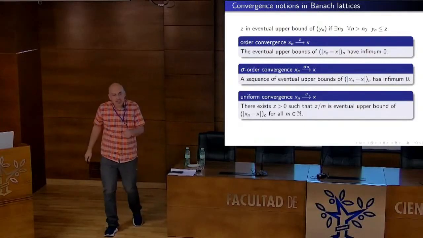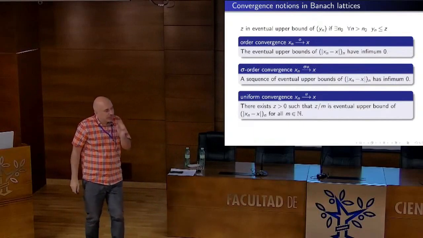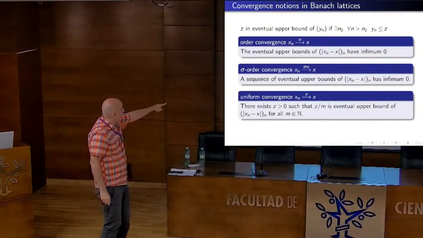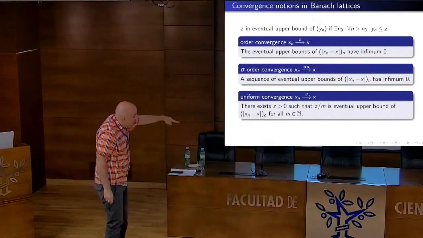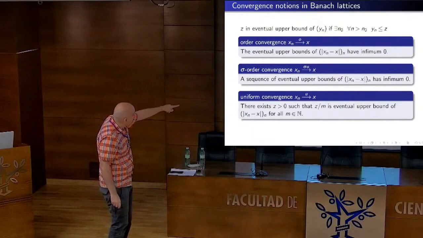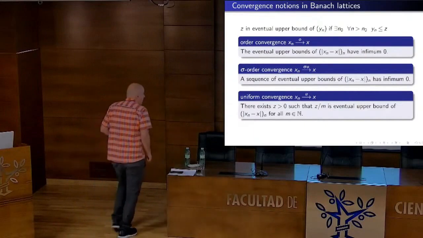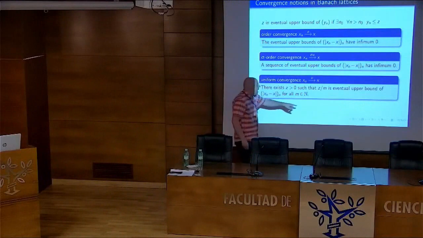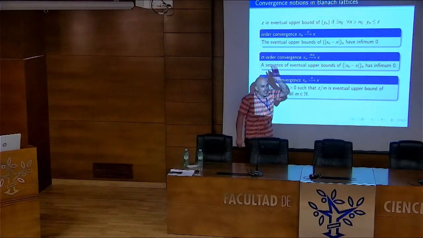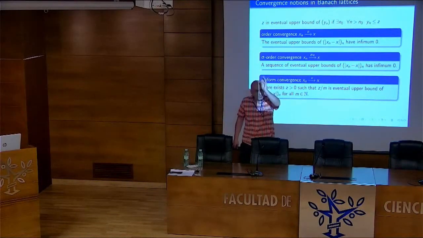In this case, it is stronger, because then again I have a sequence of eventual upper bounds, but these are a fixed vector that I am dividing by 1/2, 1/3, 1/4, and so on.